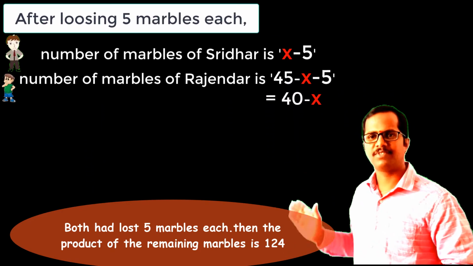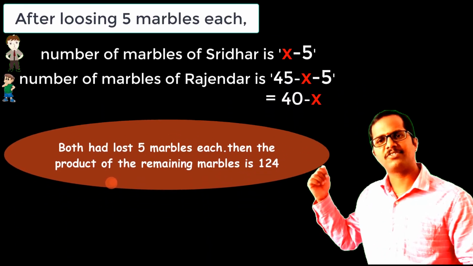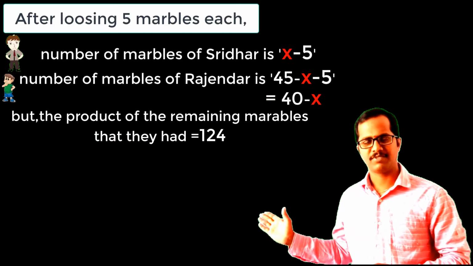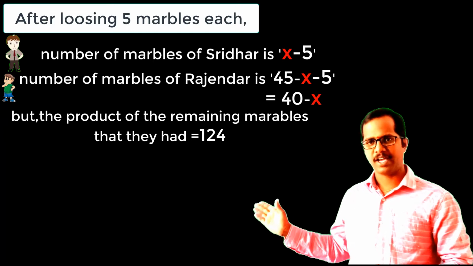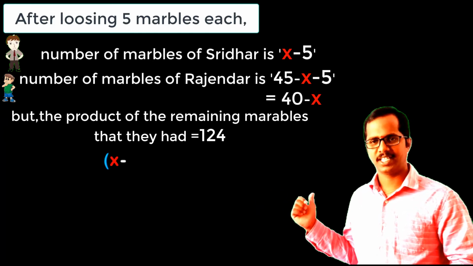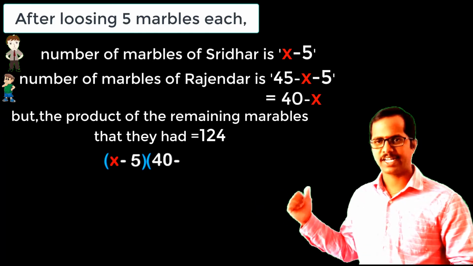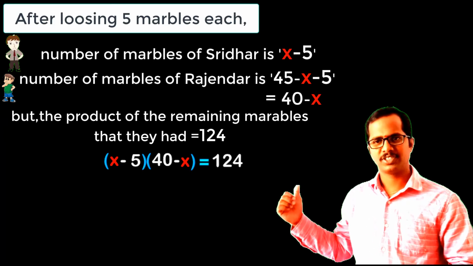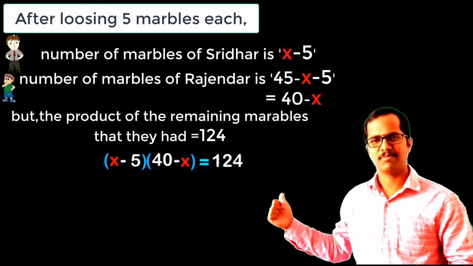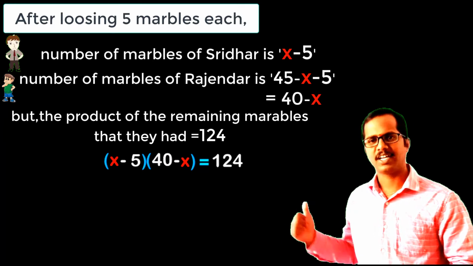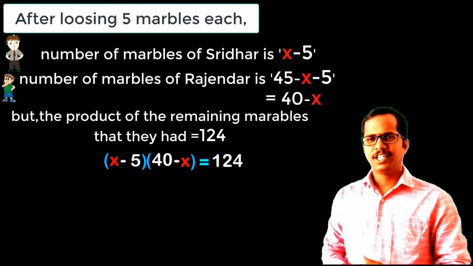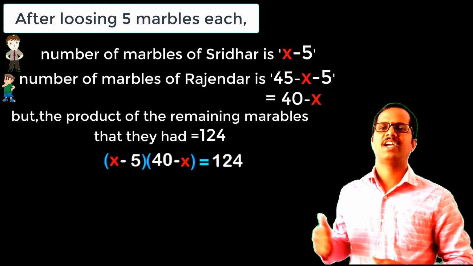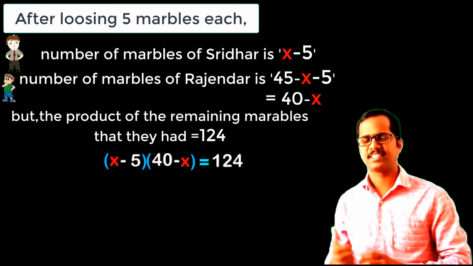Now the product of these two is equal to 124. It is given in the problem. So by writing the product of these two, we get (x minus 5) into (40 minus x) equals 124, since the product of the marbles that they had after losing 5 marbles each is 124. Now on the left hand side we have (x minus 5) into (40 minus x).